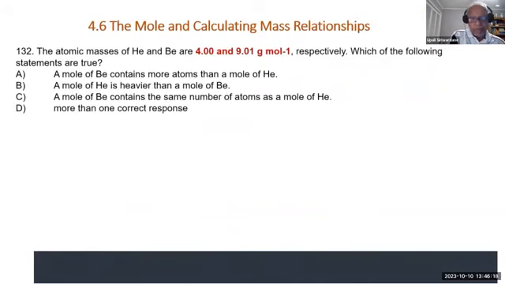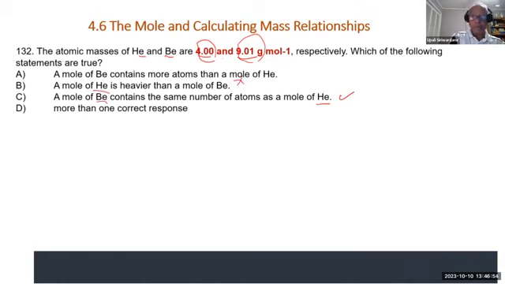If you look at helium and beryllium, these are molar mass or atomic mass. 1 mole of helium weighs 4 grams. Beryllium, 9.01 grams is a mole. They contain the same number of helium atoms and beryllium atoms. Is 1 mole of helium heavier than beryllium?